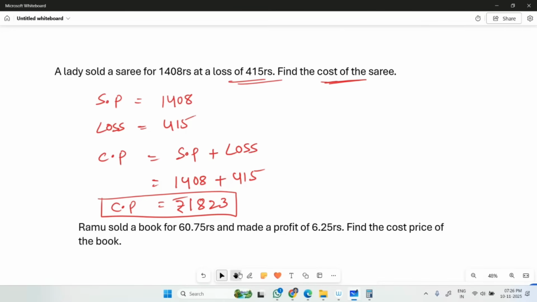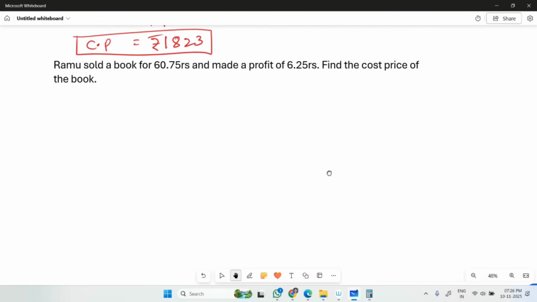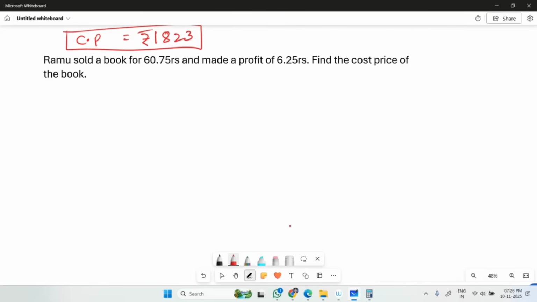The same way, let's see another question. Ramu sold a book for 60 rupees 75 paise and made a profit of 6.25 rupees. That means 6 rupees 25 paise. Find the cost of the book. Here he sold the book.